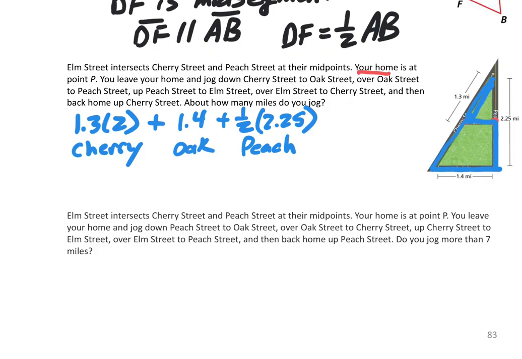Divide 1.4 by 2. Yeah, 1.4 by 2. So it's going to be half of 1.4, which is Elm Street. And then we're going to finish by going home. We are right here. We're going to go back to home, which is 1.3 miles on Cherry Street again.